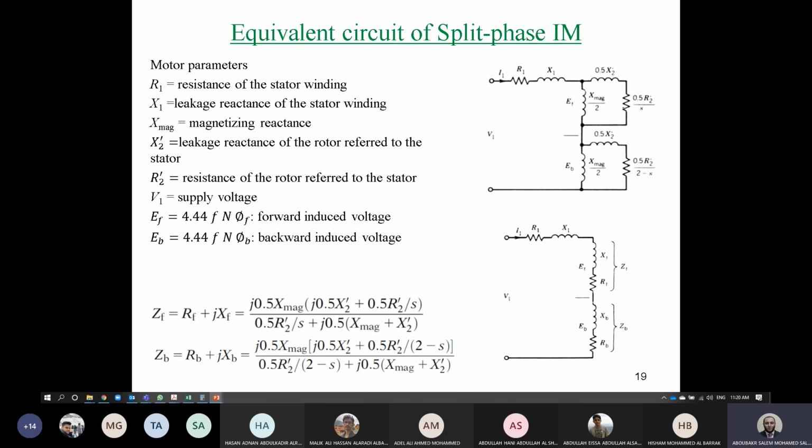Now let's compare, guys, between this branch and this branch, between the value of X2 prime plus 0.5 R2 prime and the value of X magnetization. Which one is higher, guys? The branch of the rotor or the magnetization branch? Which one has higher impedance?